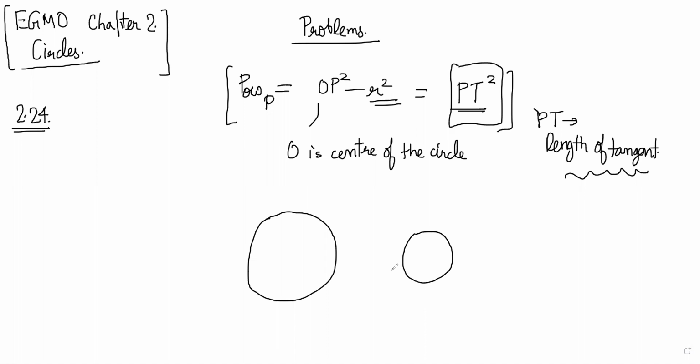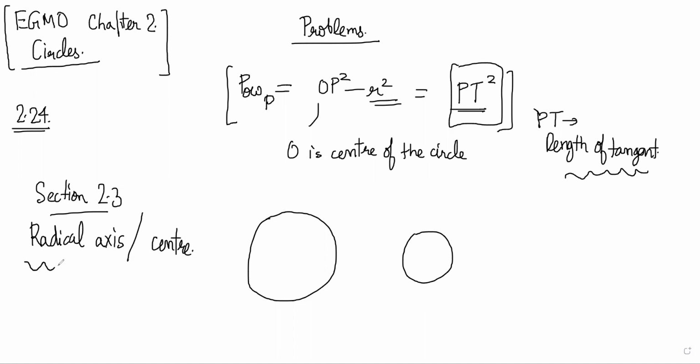So what I was saying was section 2.3 is about your radical axis and radical center, correct? We discussed what they mean in the previous class. Radical axis is the set of points from which you can draw equal length tangents to the two circles. By equal length tangents, technically, the length of tangent square is equal to the power of a point, right?